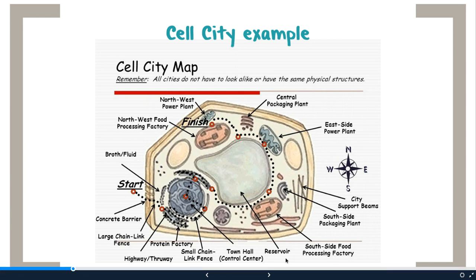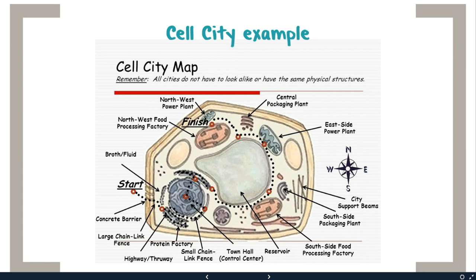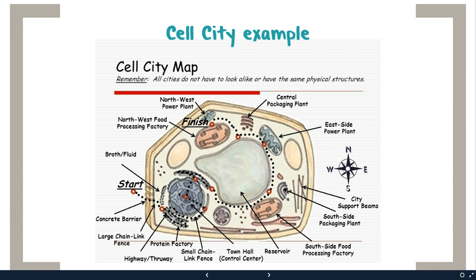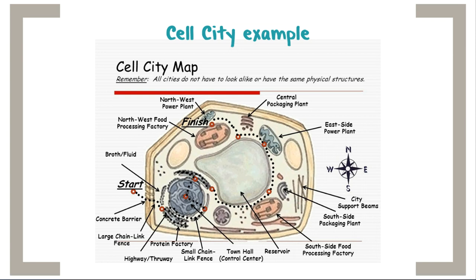A reservoir would be a vacuole, and so on and so forth. I recognize this as the nucleus, which is being compared to the town hall because it's the control center. This looks like a mitochondria right here, and it's called the East Side Power Plant. So this diagram is showing you a lot of different analogies of organelles being compared to parts of a city.